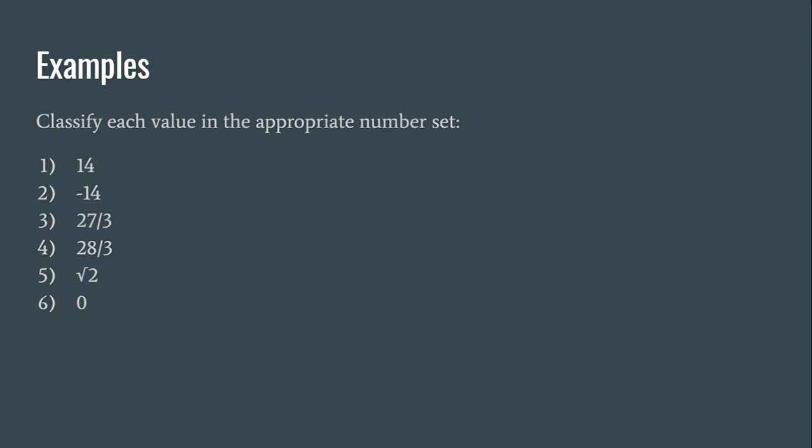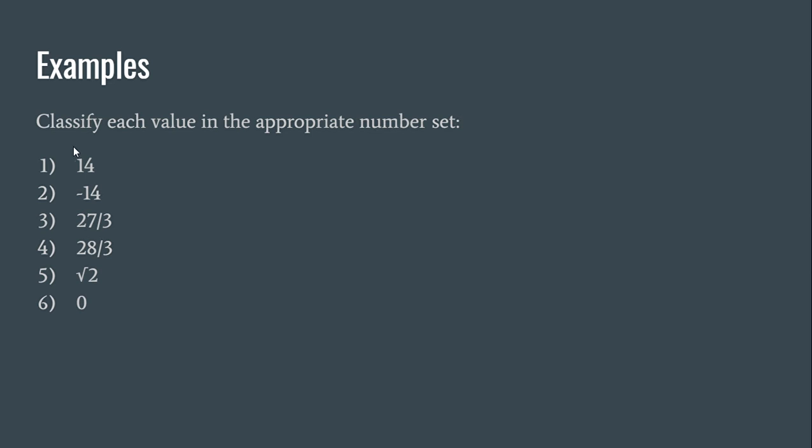Okay, so here are some examples. I'll walk through these with you. We can classify all these numbers. The first one, 14, is going to fall into more than one category, and that's okay, because you want to list all the categories that this particular value falls into.